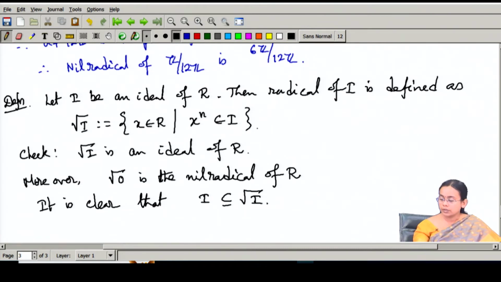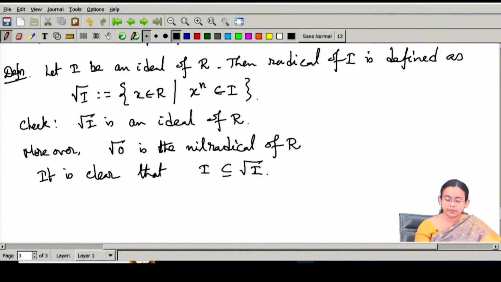So, this is how the radical of an ideal is defined, and the radical of the 0 ideal is the nil radical of the ring.